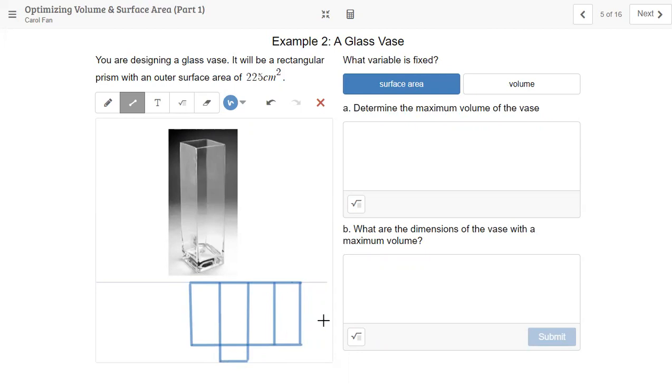So we've got our 4 sides and we've got the bottom. This is a net diagram of this vase. Determine the maximum volume of the vase. Okay, for the vase, we know that we're going to have length times width times height. So let's label this.